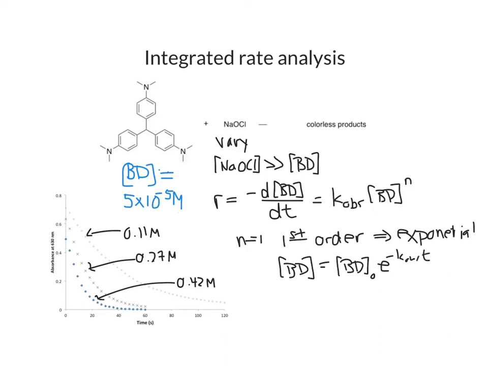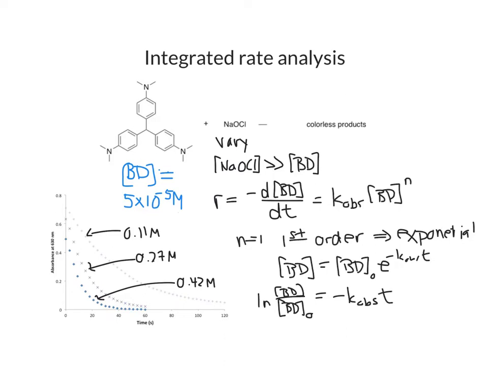And if I take the natural log of both sides of this equation, then the natural log of the blue dye concentration divided by blue dye at the initial point should be equal to minus k observed times time.